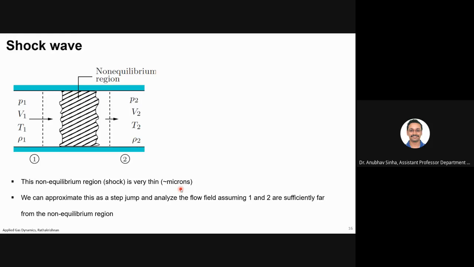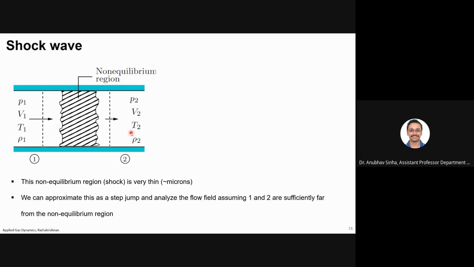So what we'll do is approximate this as a step jump. We'll say that properties jump from this condition to the next, and then we'll assume a flow field assuming 1 and 2 are sufficiently far.